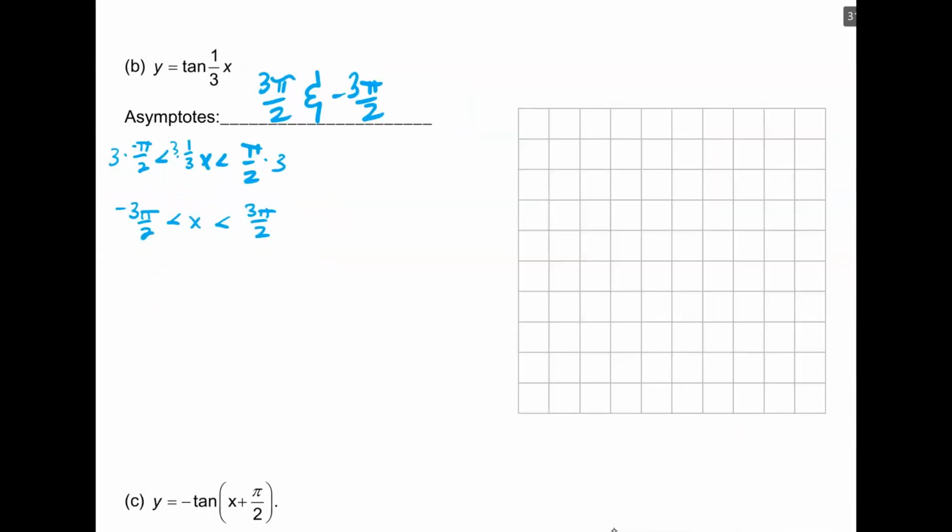Okay, step 1, find asymptotes, check. Step 2, graph those asymptotes. 4 lines over, 1, 2, 3, 4. 3 pi over 2. Go ahead, graph them. Definitely let me know if I'm going too fast or if you have a question.